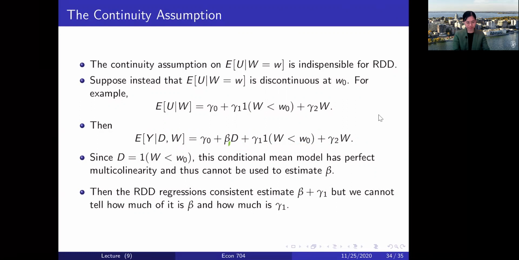If you mechanically apply the RDD, not ignoring this term, then your RDD estimator will actually estimate the combination of beta 1 and gamma 1, and you cannot separate beta 1 from this combination. So RDD will not consistently estimate the causal effect if the expectation of the error term given W is not continuous at the threshold.